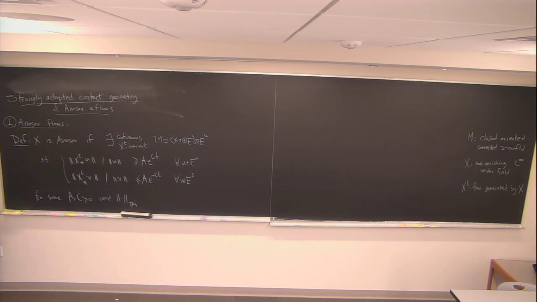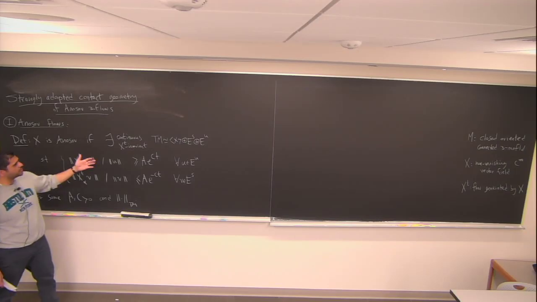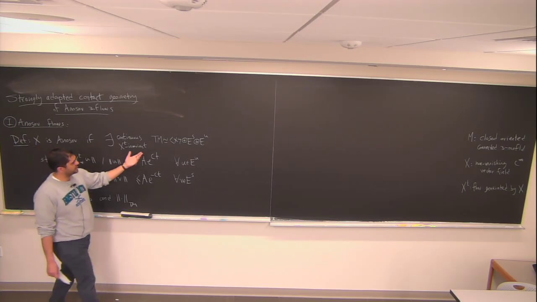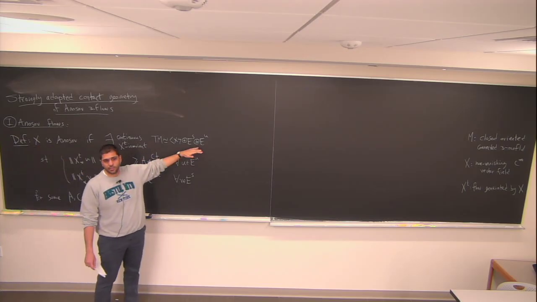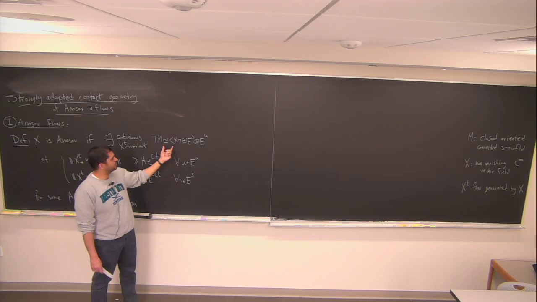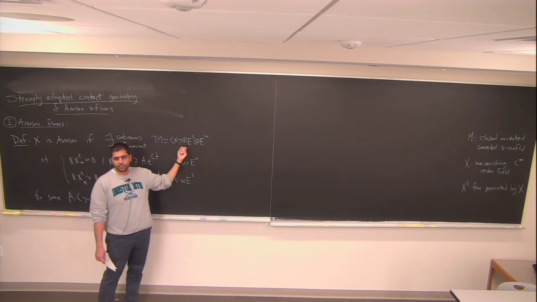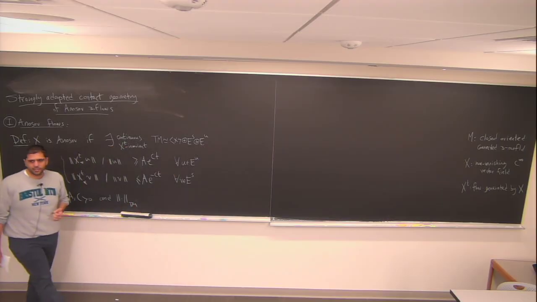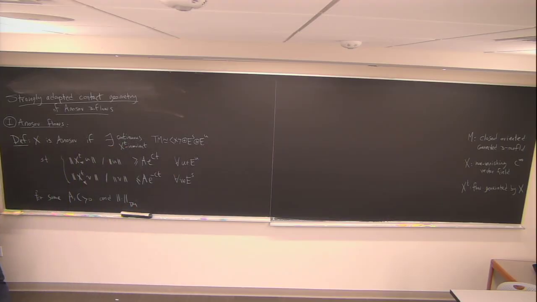We call the vector field, or the flow generated by this vector field, Anosov if there exists some continuous flow-invariant splitting of the tangent space into three line bundles. One of them is going to be the direction of the flow, and there are two other line bundles I call E^S and E^U, calling them stable and unstable line bundles.